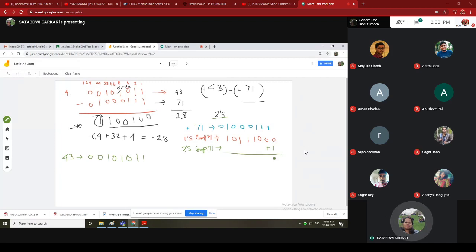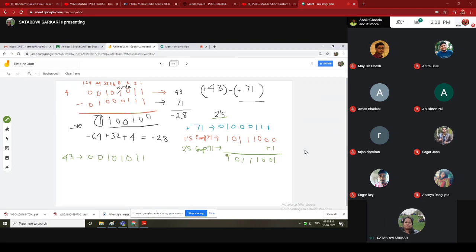So 0 plus 1 is 1. And other values are same. So now it is minus 71, or the 2's complement of 71.